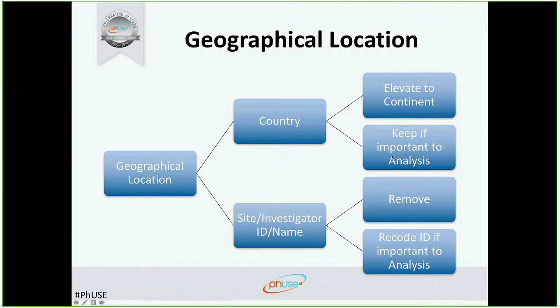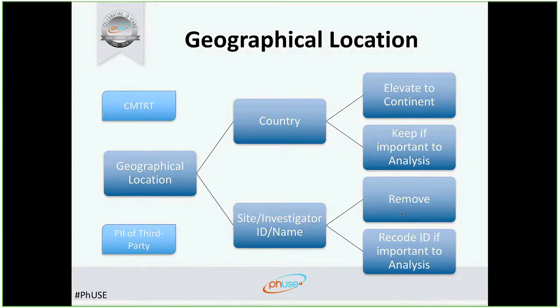If it's been requested in the research request as, let's say, a factor in your analysis, then you may need to find ways to compromise on other parameters in order to keep country. Same for site and investigator ID. If they are not important, then we simply recommend to remove them.